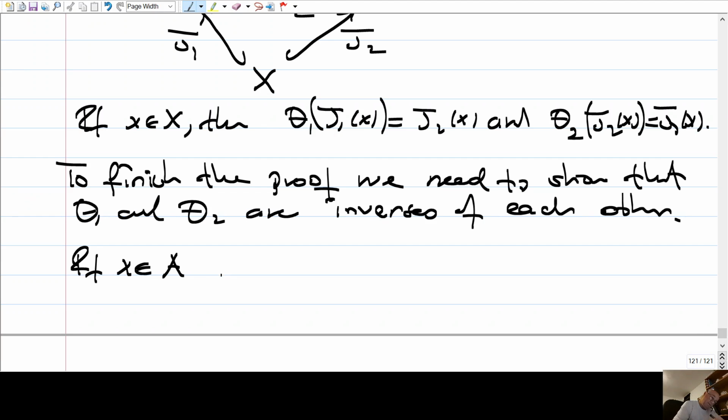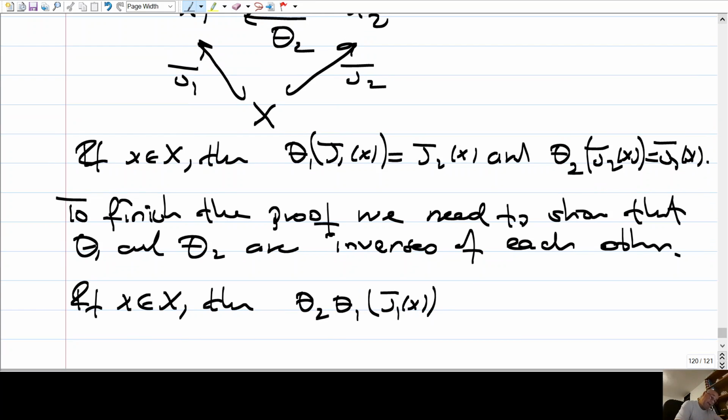Maybe I should say it this way. If x is in x, then consider theta 2 of theta 1 of j1 of x.